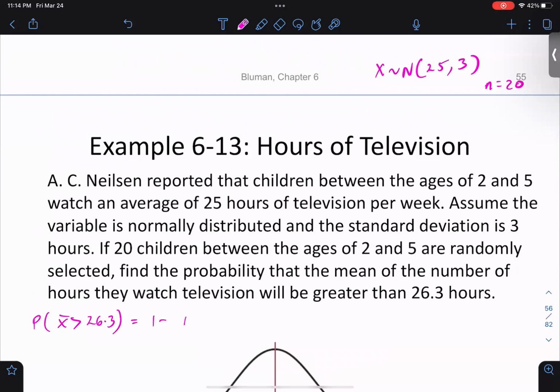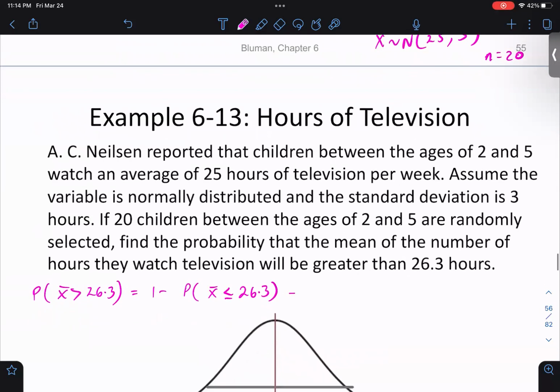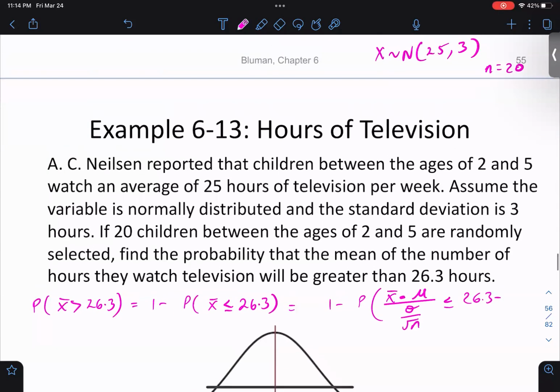So here you can do it right away. The probability that X bar is greater than 26.3 equals 1 minus the probability that X bar is less than or equal to 26.3. We have to use the sampling distribution, or the central limit theorem in this case: X bar minus the mean over sigma over the square root of n, less than or equal to 26.3 minus the population mean, 25, over the standard deviation, which is 3, over the square root of the sample size, which is 20.